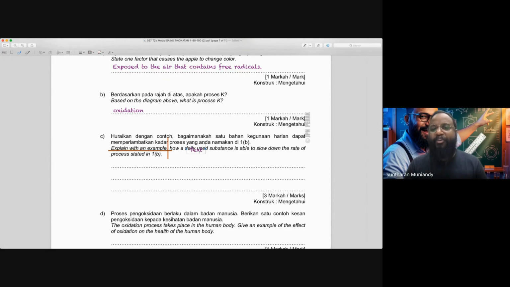So I can go for lime juice. Lime juice contains antioxidants.